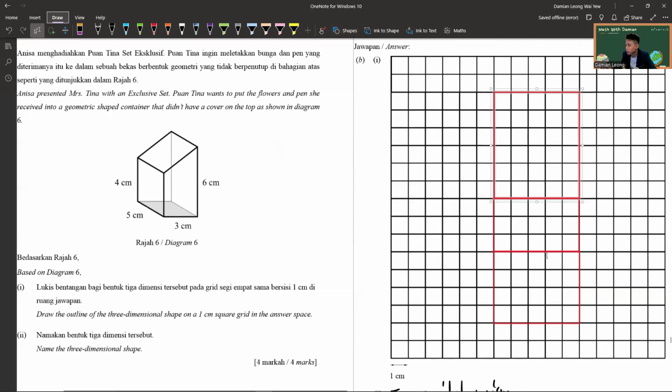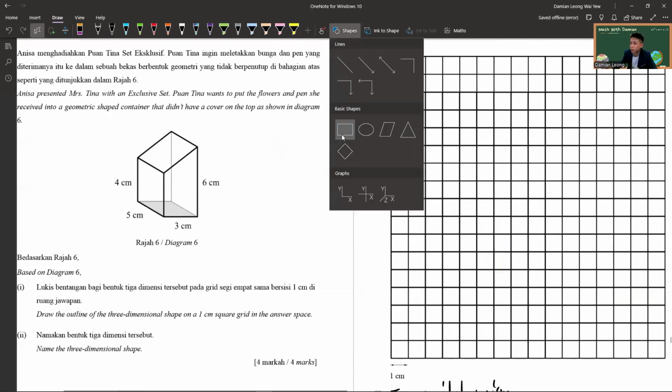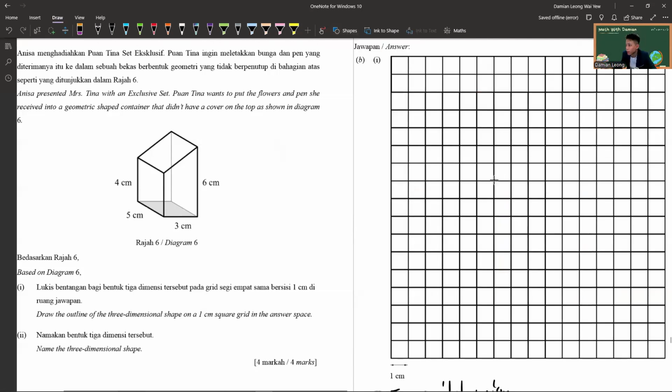Sorry, I think not enough space to fit if I draw like that. Draw the other way. 5 cm this way. 3 cm. Draw it here. Then I can fit.